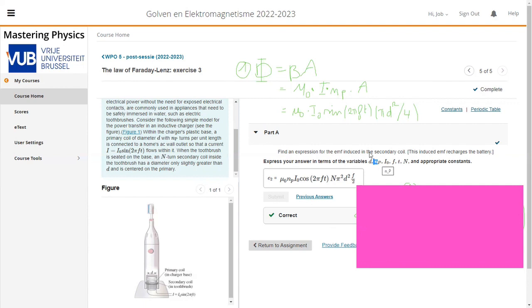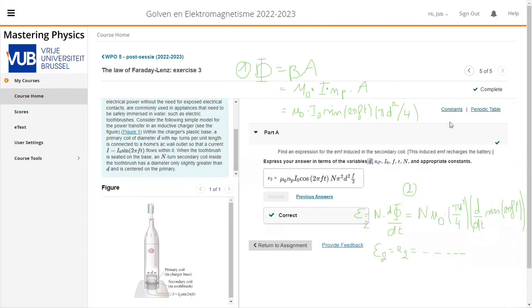So what we have to do is just NP, then the current that was given here. I have to use this. Then pi, because we have the diameter here and they say you have to work with the D, so pi times D squared divided by 4 will give you this one.